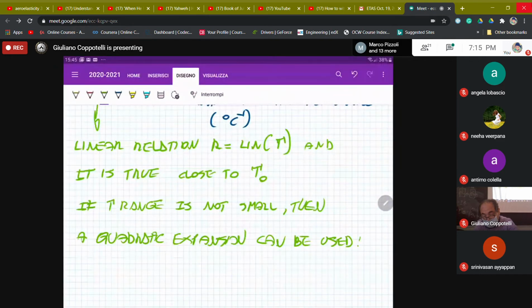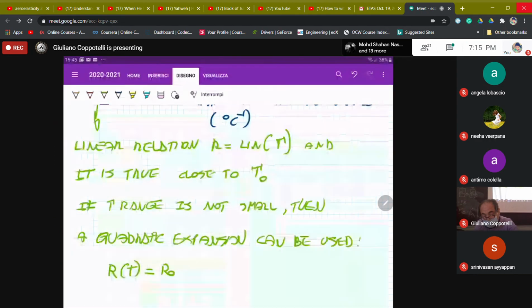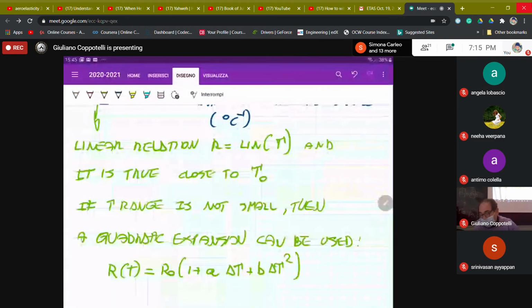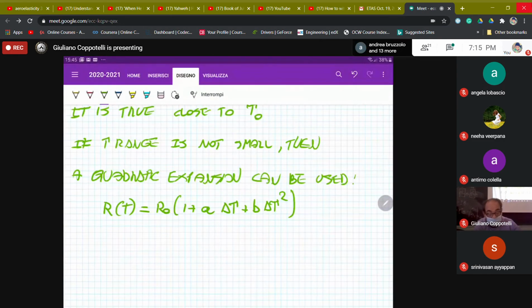That is RT is equal to R0 times 1 plus A delta T plus B delta T squared. That is your quadratic expansion. We are including two terms instead of just one.